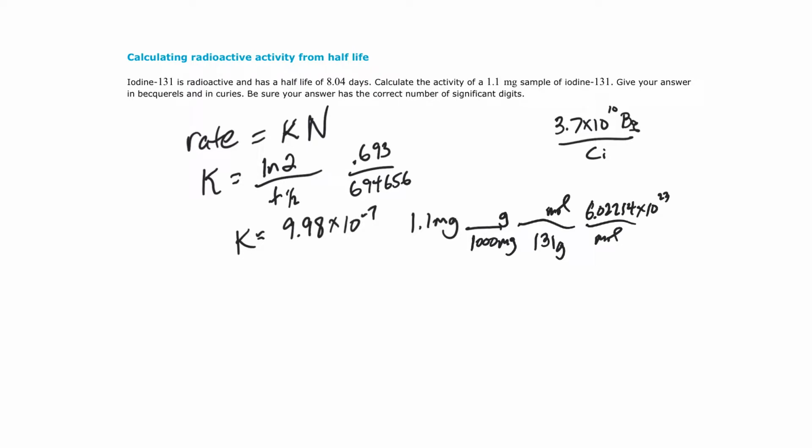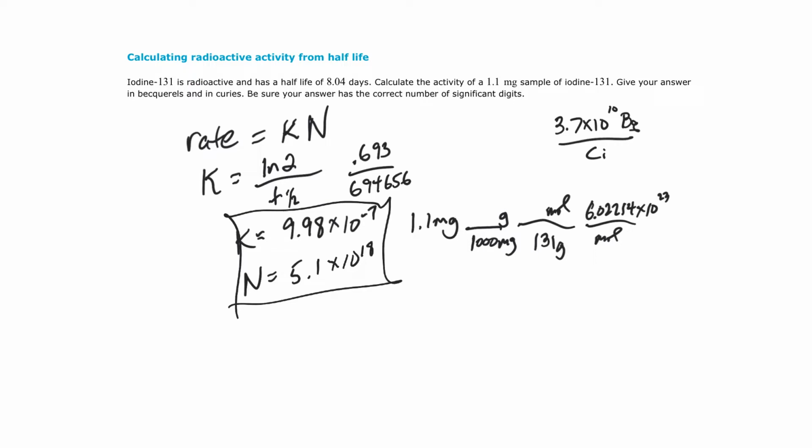So I'm going to 1.1 divide by 1,000, divided by 131, times 6.02214 times 10 to the 23rd, and I have my N as 5.1 times 10 to the 18.